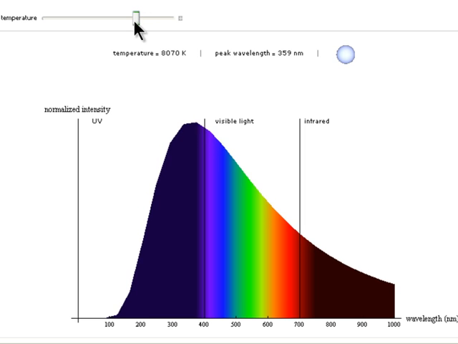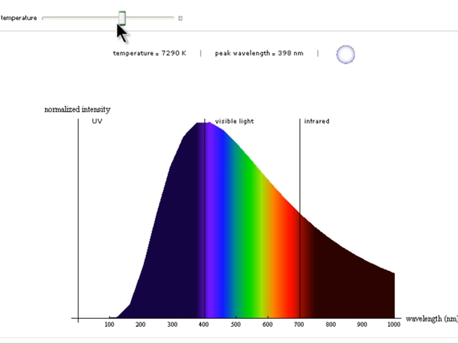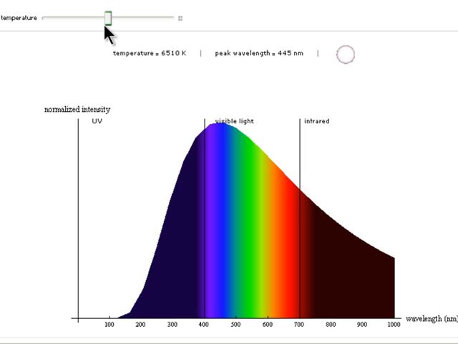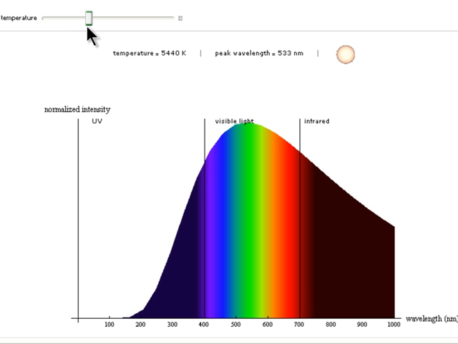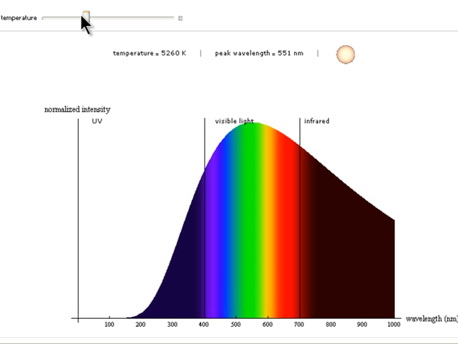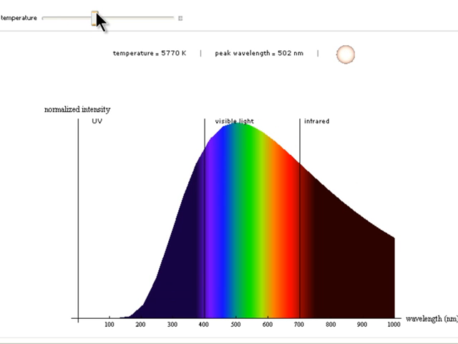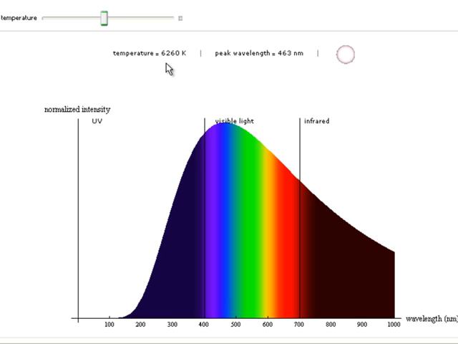So now we're getting into the visible light area, and if we stop at about 6,300 Kelvin, our object would be pretty white at that temperature, and that's because if we take the average of these colors and mix them all together, it would be white.